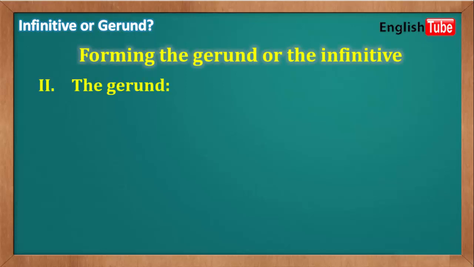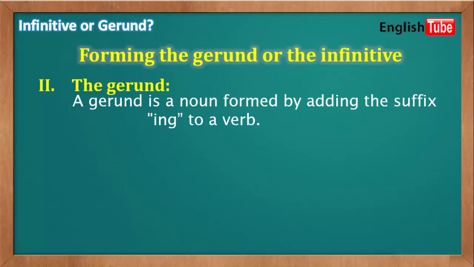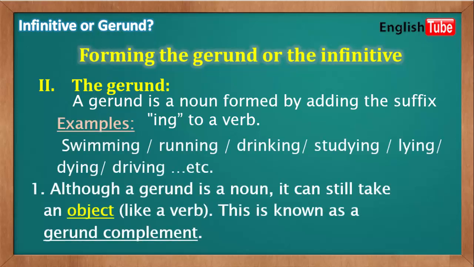So let's move to number two, the gerund, forming the gerund right now. So a gerund is simply a noun formed by adding the suffix ing to a verb. A gerund is a noun form in a way, and it can be formed by adding ing at the end of a verb. Okay, let's see some examples.